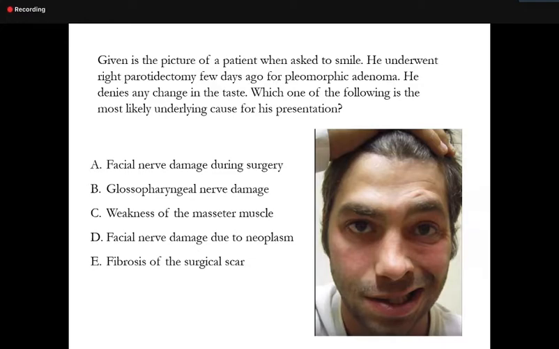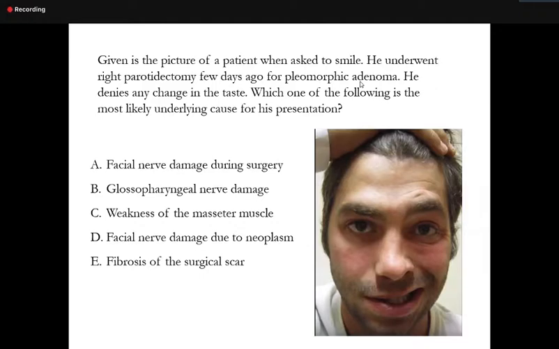So it seems an easy question for you. Everybody is responding A, so the answer is A. Given the picture of a patient when asked to smile, he underwent right parotidectomy. Parotidectomy is removal of parotid gland for any diseases.